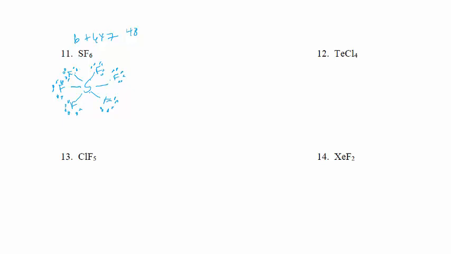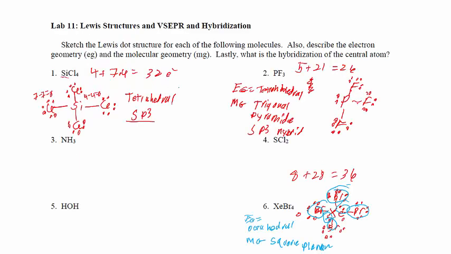All the electrons are accounted for. I have 6 bonds on the sulfur, each attached to the atom, so it's, of course, octahedral.